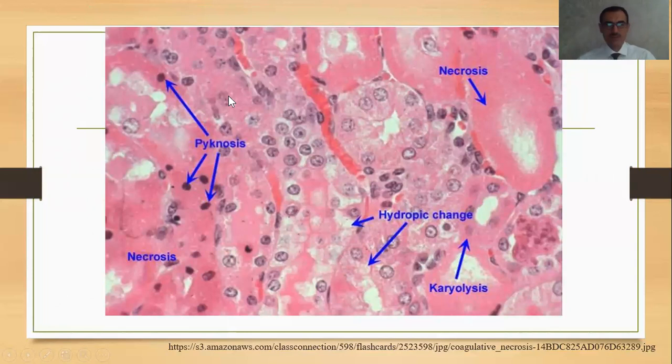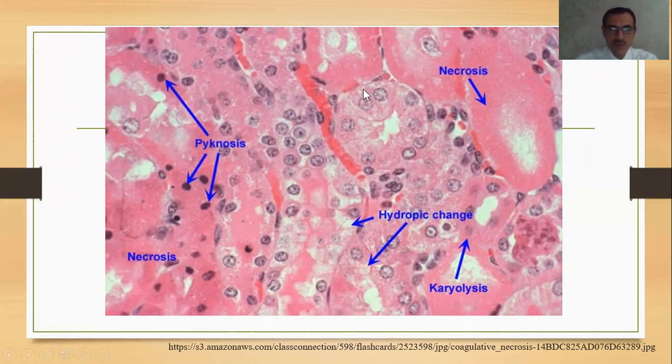Another, my favorite figure, taken from a liver or kidney biopsy. Here we can find different stages of normal cells and necrotic cells.